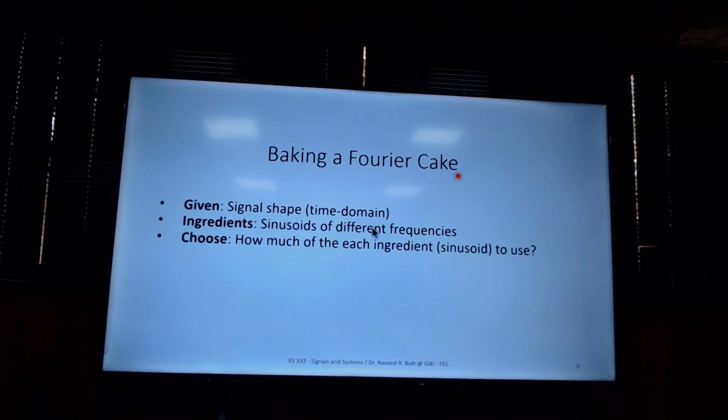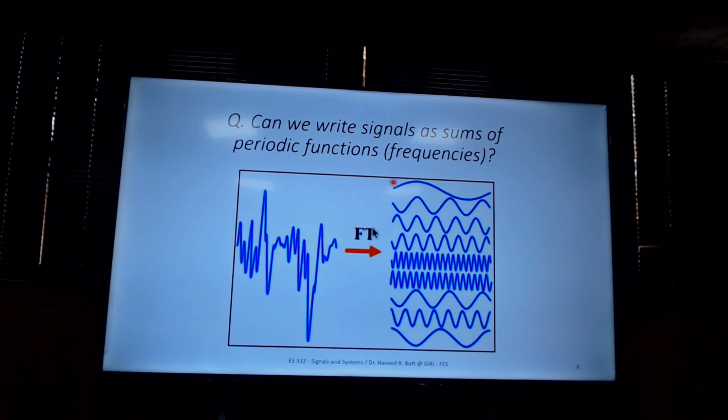So let's bake a Fourier cake today. You are going to make a Fourier cake. When you start baking, you have a goal in mind: you want to make a brownie, a pie, a cake. Here, your goal is to get a special signal shape in the time domain. Maybe you want your cake to look like this.